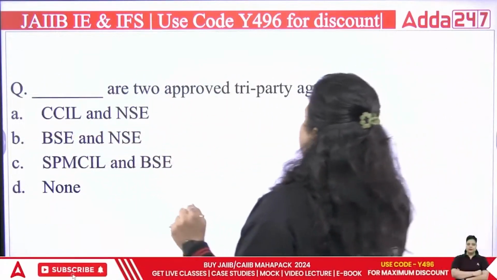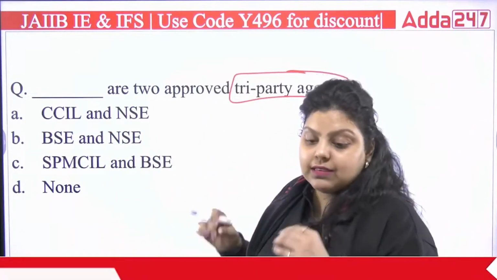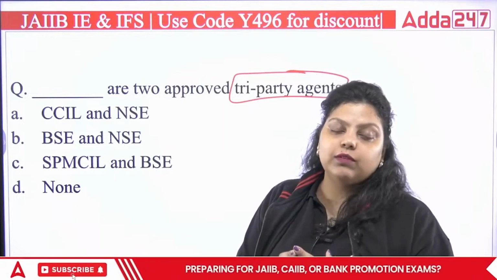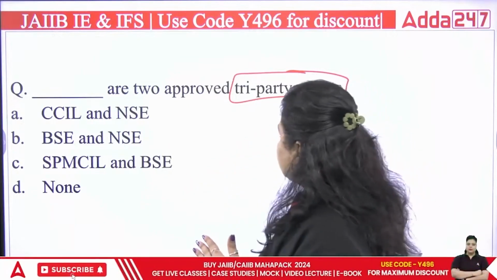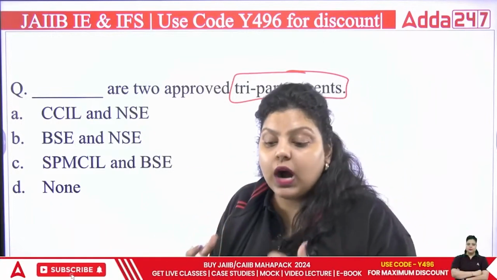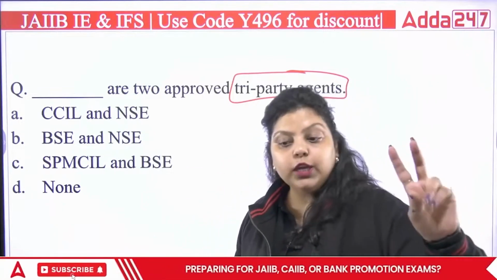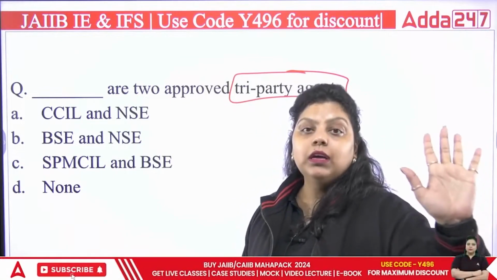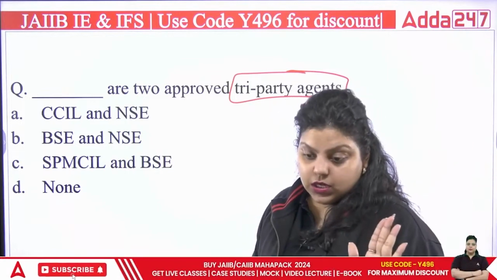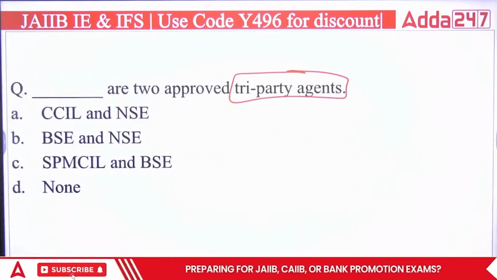The next question is talking about, as we have discussed, what is a tri-party agent. The tri-party agent is the third entity that will be there in the repo transaction that we have discussed. Now the question is asking who are the tri-party agents right now? Because right now only 2 agents have been approved and only 2 agents are performing tri-party repo transactions in India. So out of these 4, you have to answer which of the following are the tri-party agents.